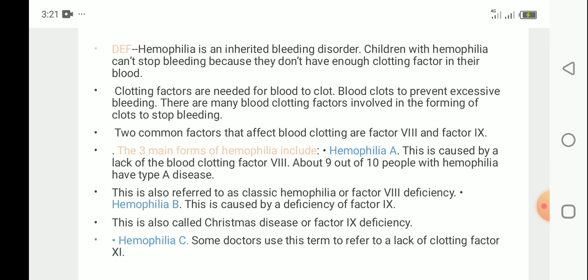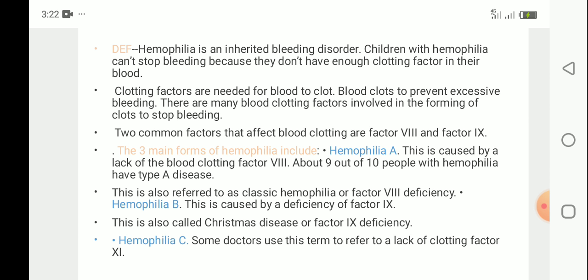Some doctors use the term hemophilia C to refer to the lack of clotting factor 11. So hemophilia is mainly due to factor 8 and factor 9: deficiency of factor 8 is seen in hemophilia A, deficiency of factor 9 is seen in hemophilia B, and sometimes factor 11 is seen in hemophilia C.